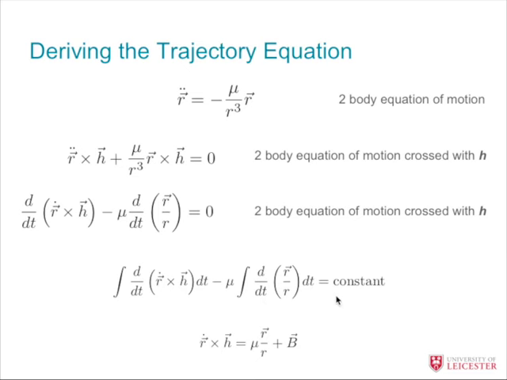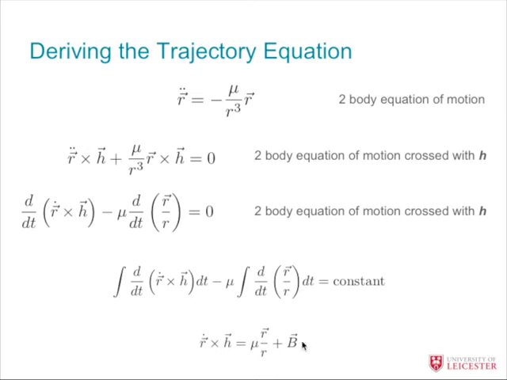So if I name the constant of integration b, and I do a little bit of rearranging to get my mu term back on the right hand side, which is where we began with, I end up with this vector cross product being equal to mu times vector r over r plus this vector b.